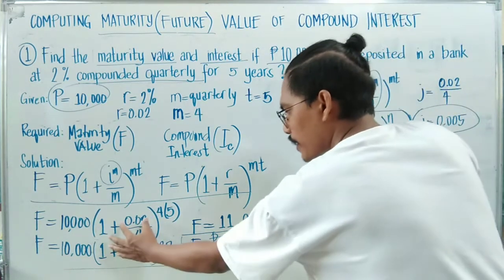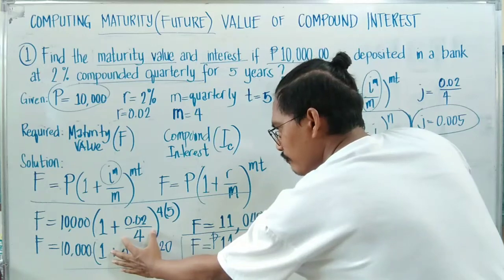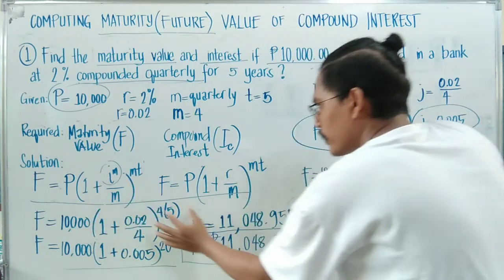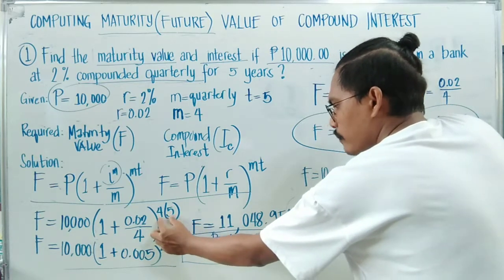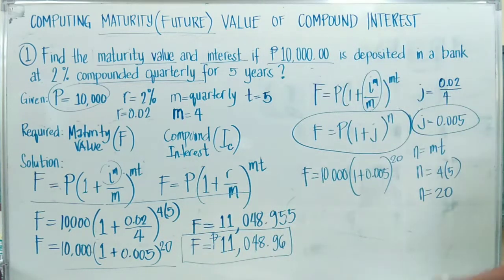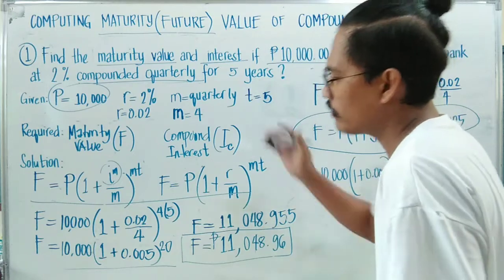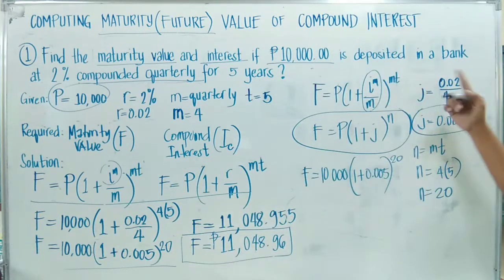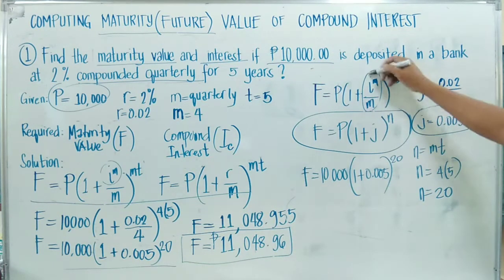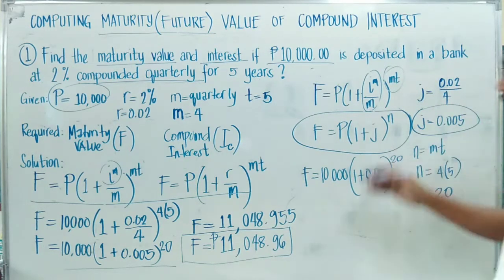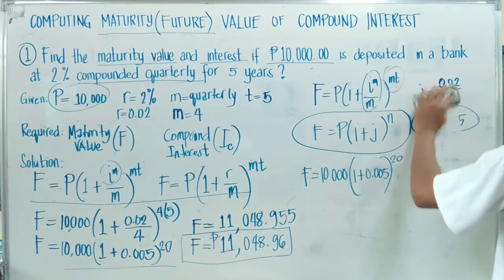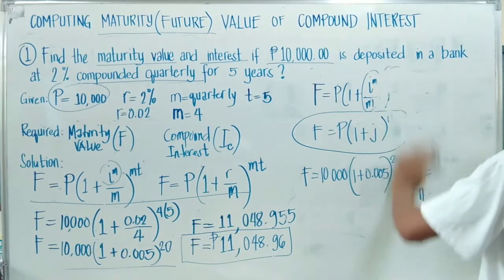Either you solve first this J or this I over M or R over M and multiply this MT and substitute, or substitute and solve. This one, they solve first the things and substitute. Okay? So I guess that you understand the concept.